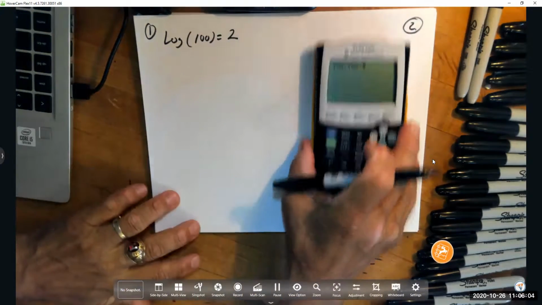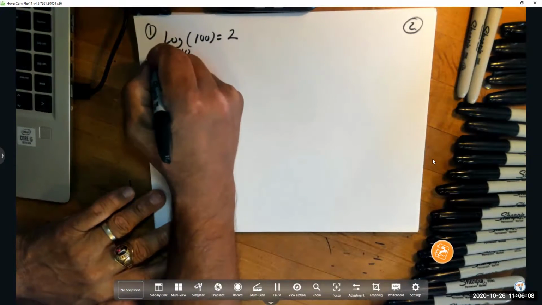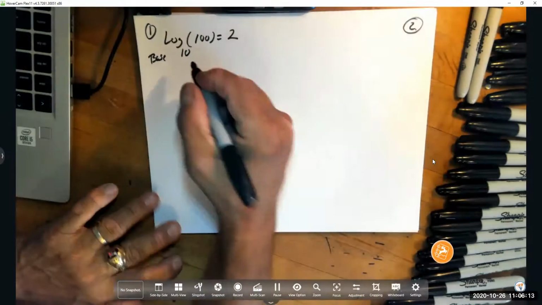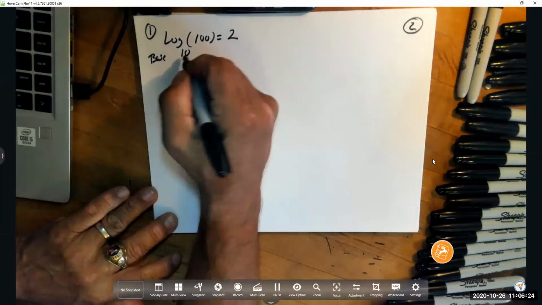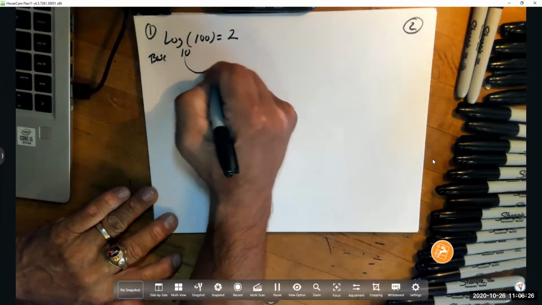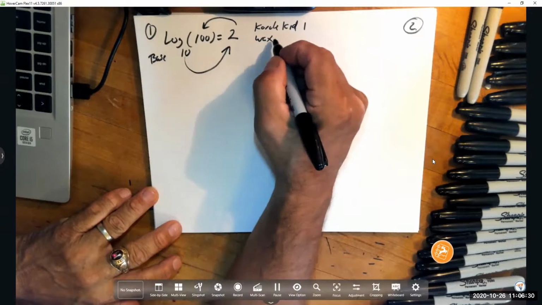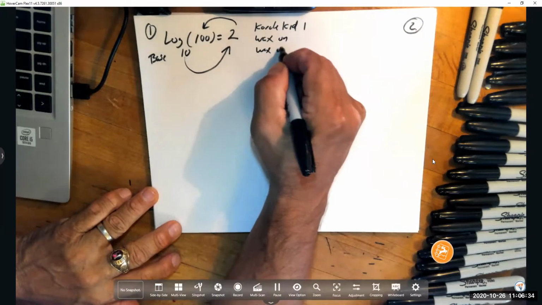All right, and I'll tell you what the calculator does. This is called base 10. All these logs are base 10. It says this number to that power should give you this number. Like in The Karate Kid, I don't know if you've seen that movie before, he says, I'm going to show you how to do karate: wax on, wax off.